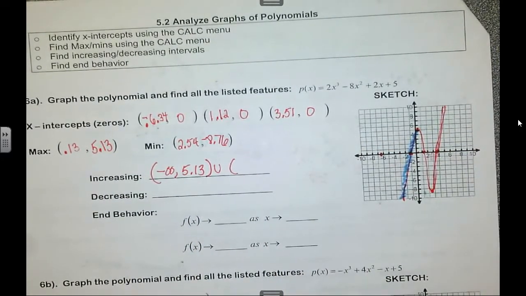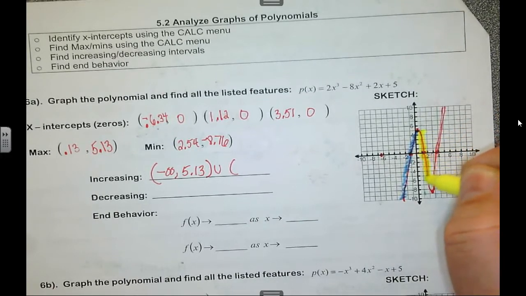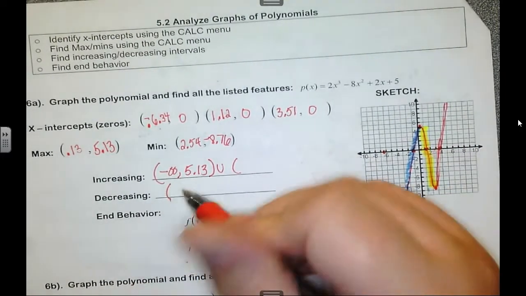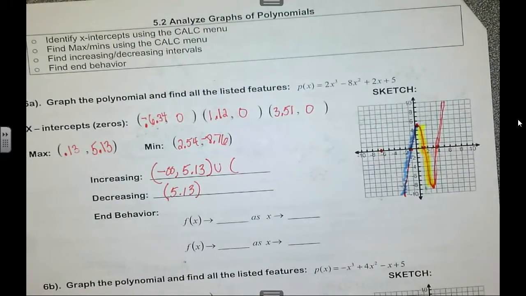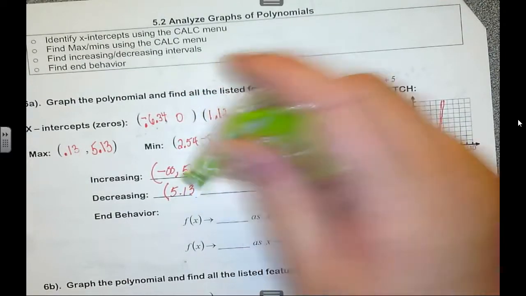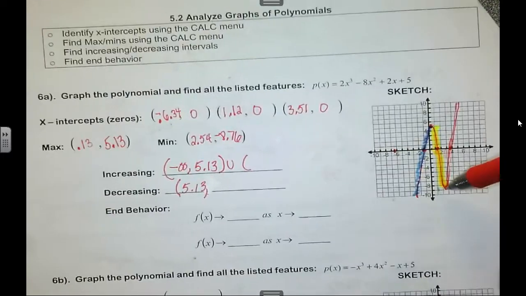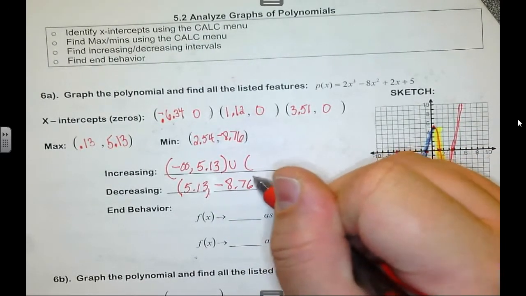And then decreasing: it decreases from the y value at my max, 5.13, comma, to the y value of my min, which is negative 8.76.